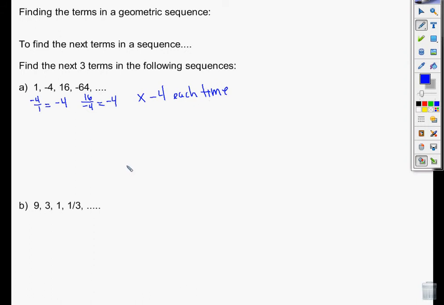Right? So to find the next 3 terms in the sequence, I multiply by -4. So I do -64 times -4. And that's going to give me a positive 256. And then I do positive 256 times -4. And I get negative 1024.